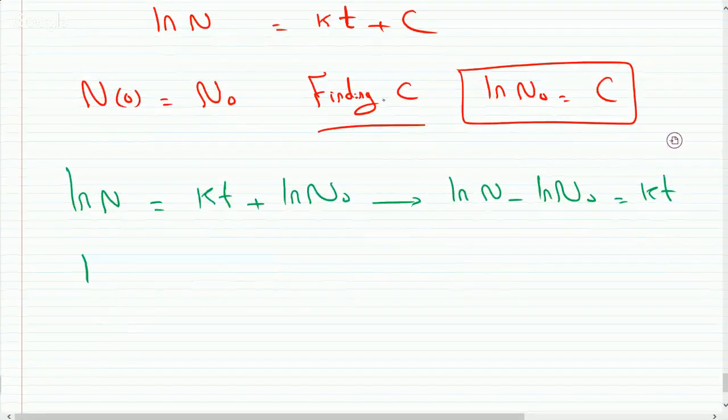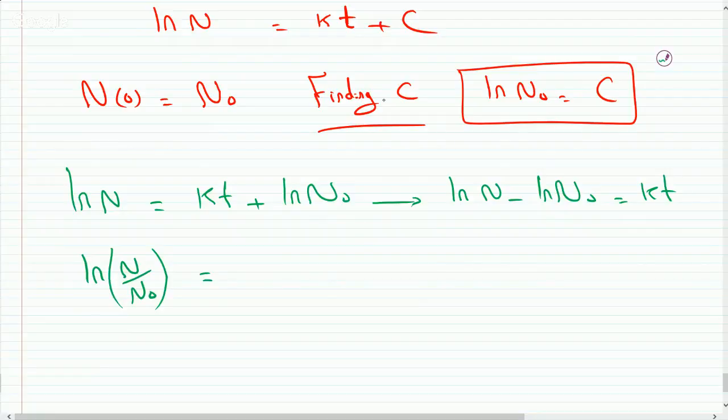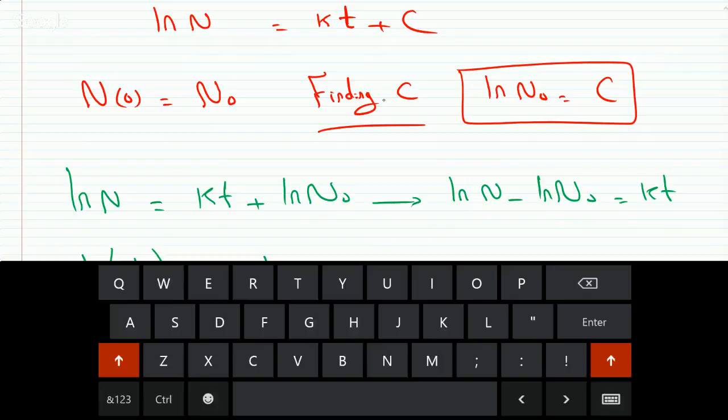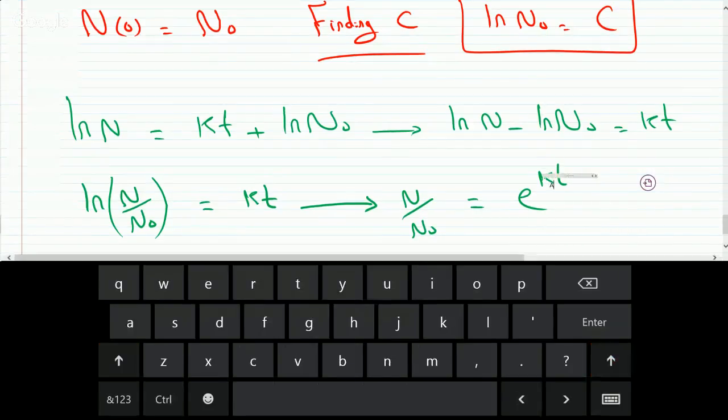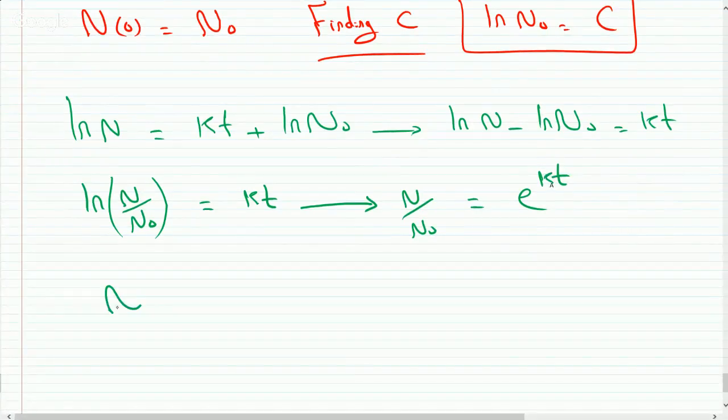Properties of ln's, we can put ln N over N0 equals kt, exponentiate, and N over N0 is equal to e to the kt. Multiply N0 on the right hand side, and we get N equals N0 e to the kt.